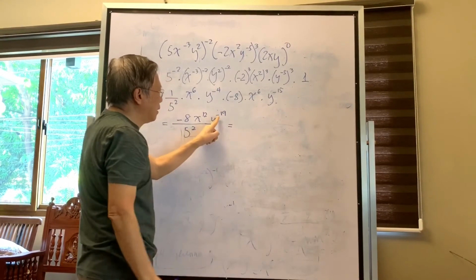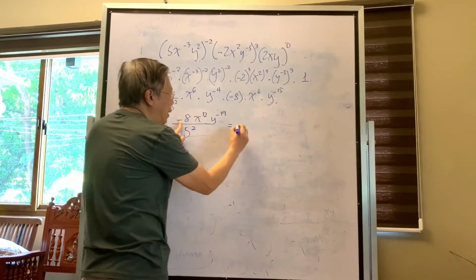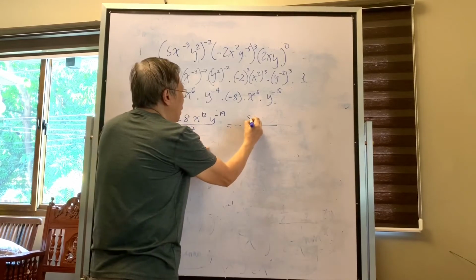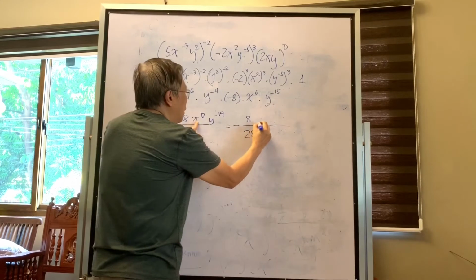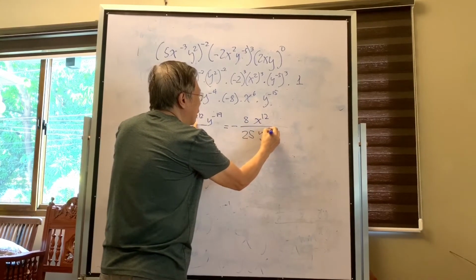And since this is a negative, we can bring it down. If there's a negative in the coefficient, put the negative before the fraction to arrive at negative 8 over 25 and x to the 12, y to the 19.